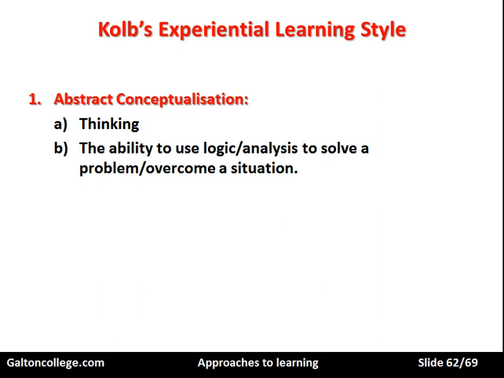This is our understanding of the situation. We've had an experience, we've made observations of that experience, and now we understand it. We understand what happened. So again, if confronted by similar circumstances in the future, we know what to do.